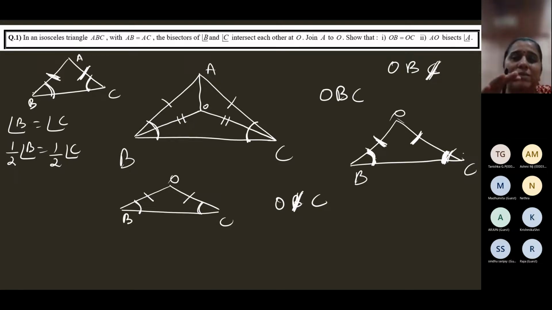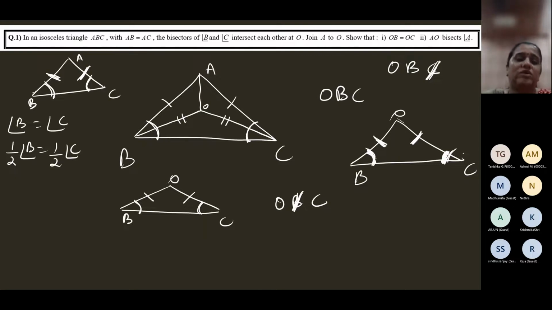If the angle is not bisected, there is no point using half of angle B is equal to half of angle C, because you don't know which is half of angle B and which is half of angle C. Here, angle B and angle C are bisected, so we can use this.